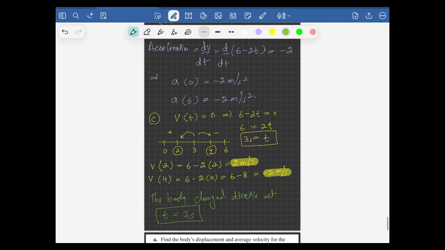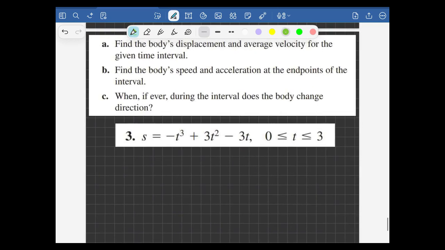Let's move to question number 3 with the same question answering.